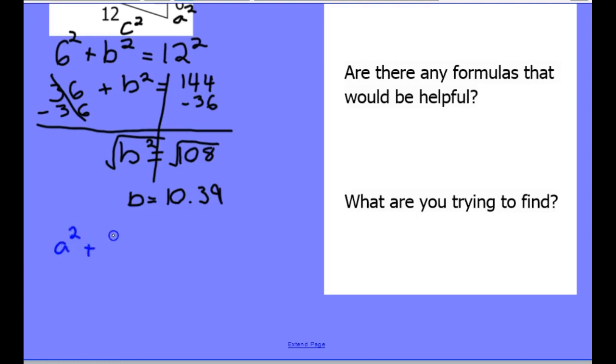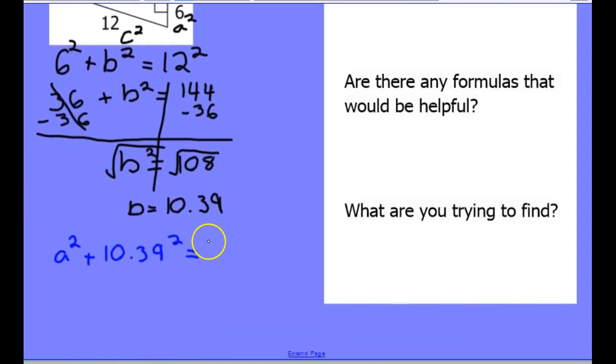We do have a b squared, which is 10.39 squared equals our c squared, which is 14 squared. So 10.39 times 10.39 equals 107.95.